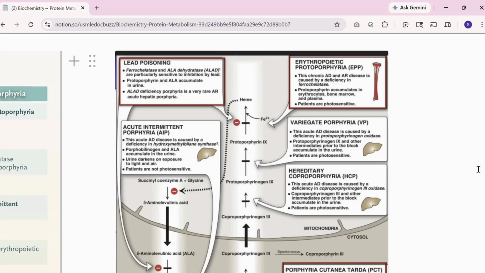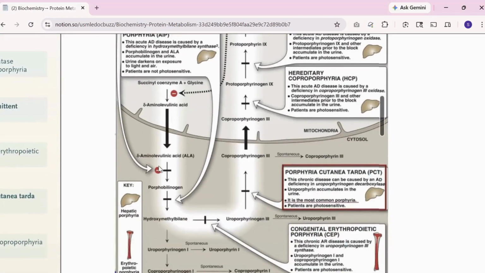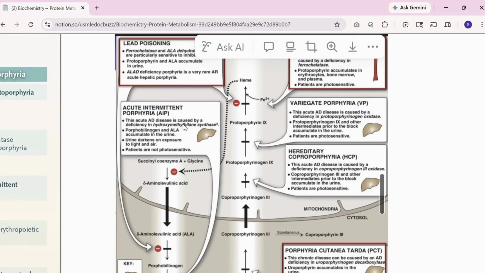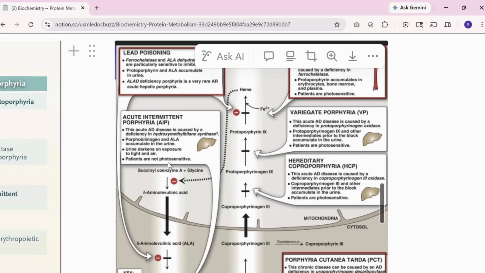ALA goes to the outside, makes PBG. Eventually, if you have a problem here, you have AIP. Now, because you're making all of these things, patients are not photosensitive. That's the main thing you should remember. You're going to get a lot of different signs and symptoms, skin is not going to be one of them. And I'll go to that page in First Aid to elaborate more. But AIP, that's why that's special.